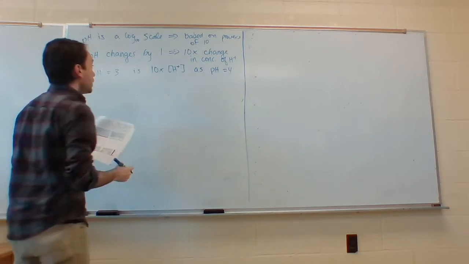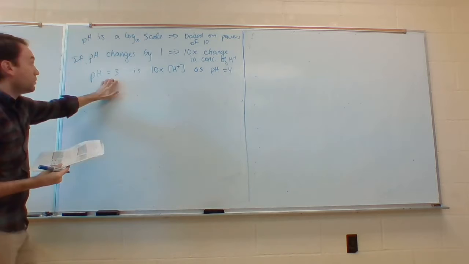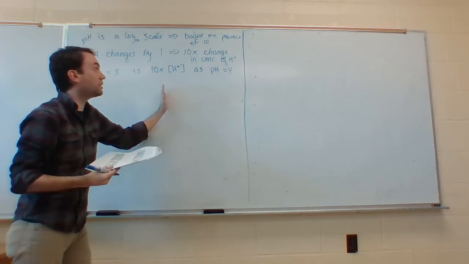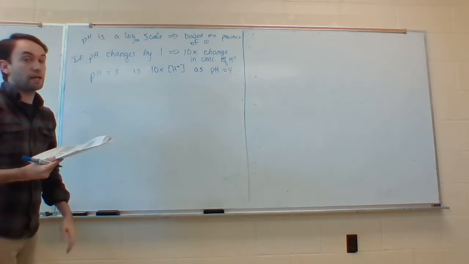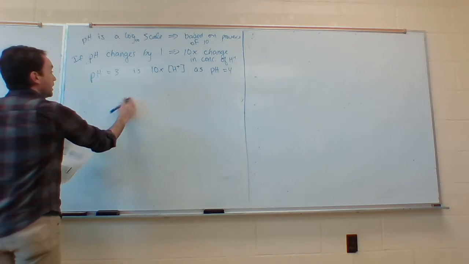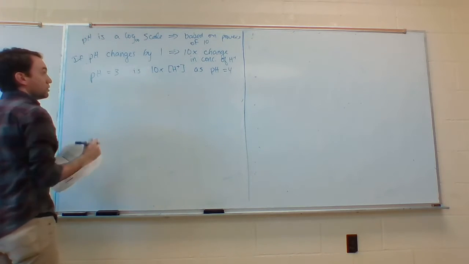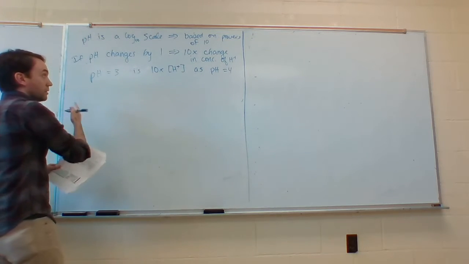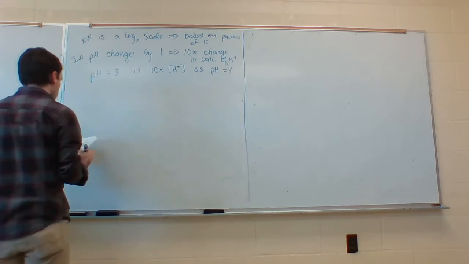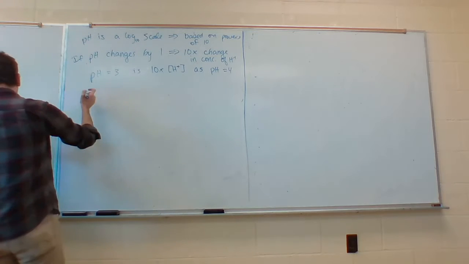If we change the pH by 2, a pH of 2 is 100 times more concentrated than a pH of 4. So for every integer that you change your pH down, it becomes 10 times stronger in concentration of H+.